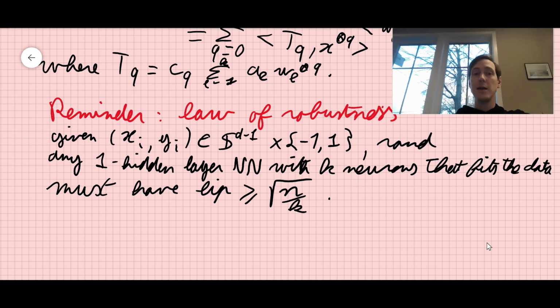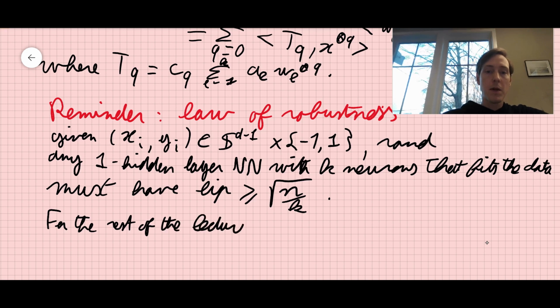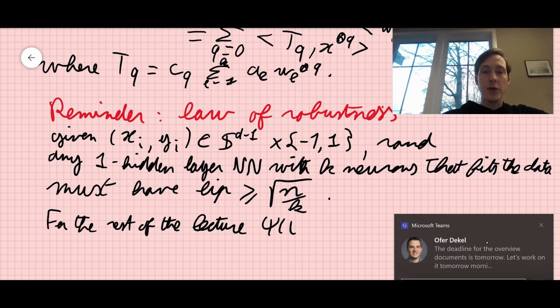So let's see how this plays out when the nonlinearity psi is a polynomial.